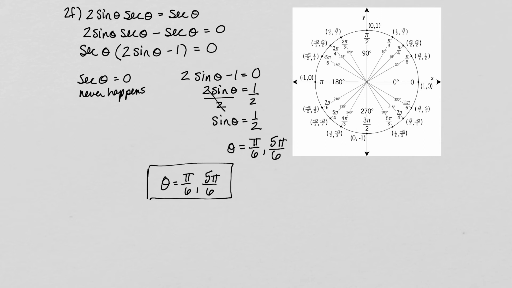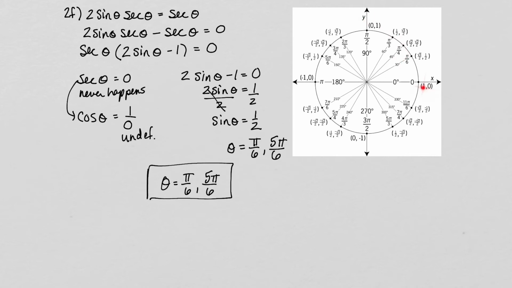So if you think about it, this would be the same as saying the cosine of theta is equal to 1 over 0. But that does not happen anywhere on here, right? This would be saying 1 divided by 0. That's when we say the cosine of theta is undefined.